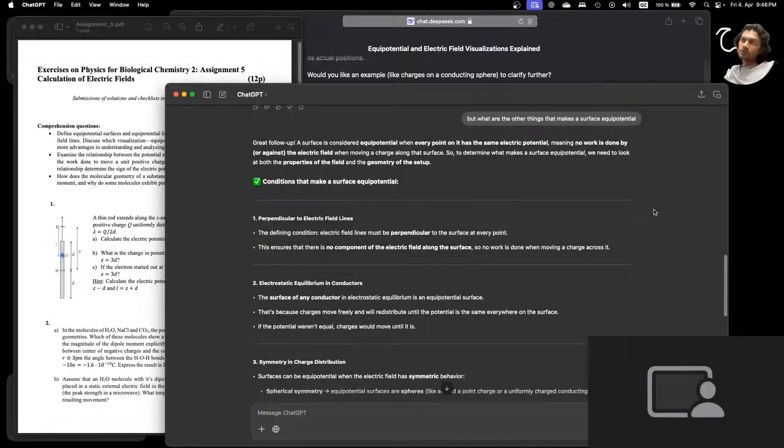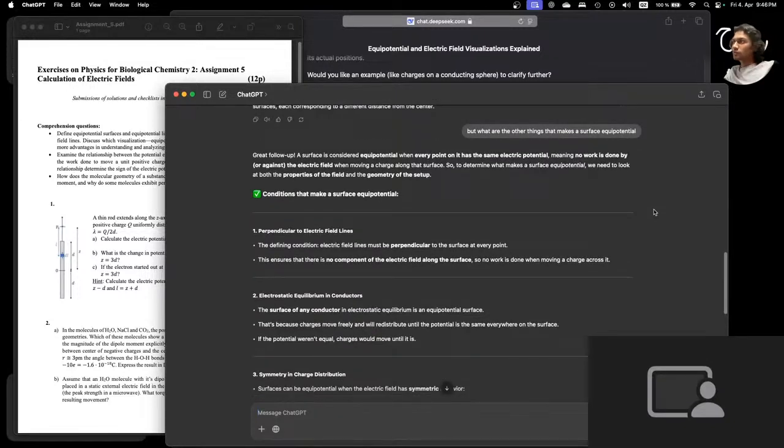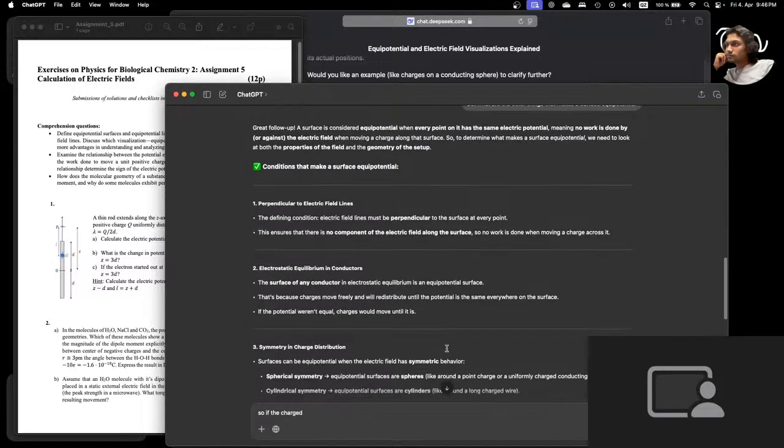That means if the equipotential surface is a sphere, so if the charged... the surface of any conductor in an electrostatic equilibrium is an equipotential surface.